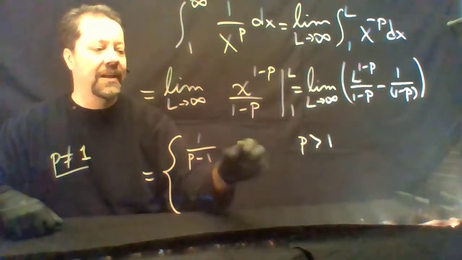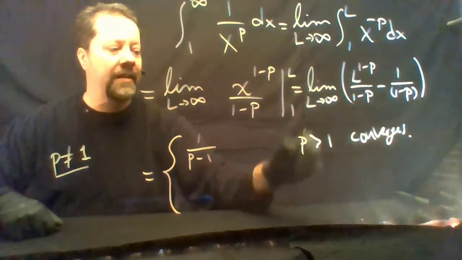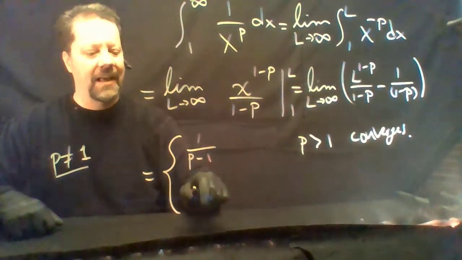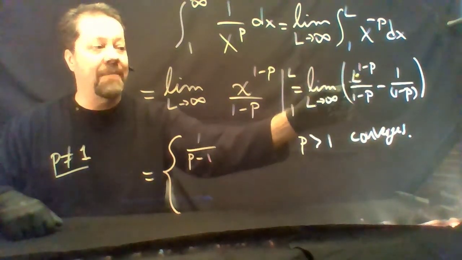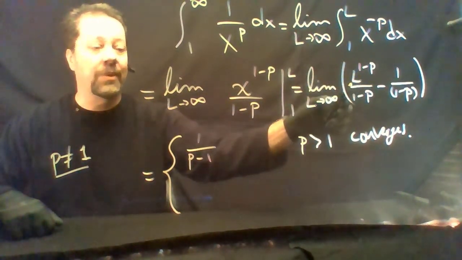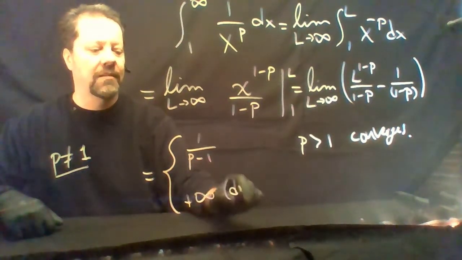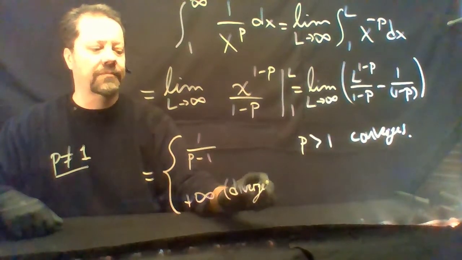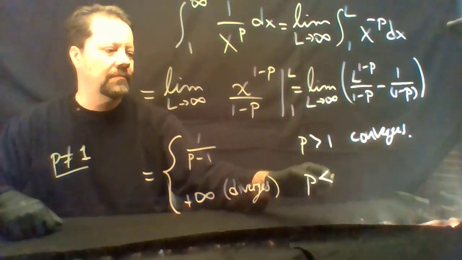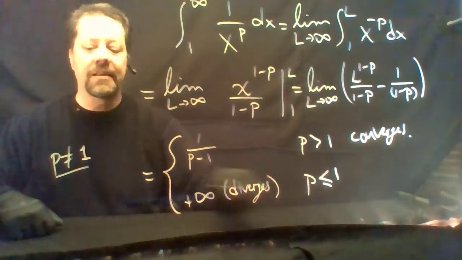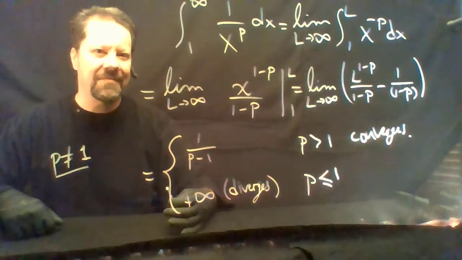So it converges if p is bigger than 1, and if p is smaller than 1, we get a positive exponent. This limit will go to infinity. And we know that even if you get equality with 1, it will still diverge.